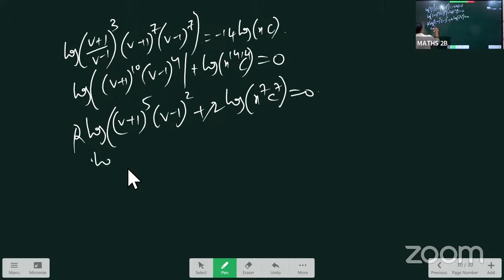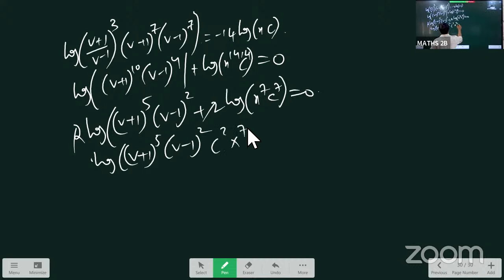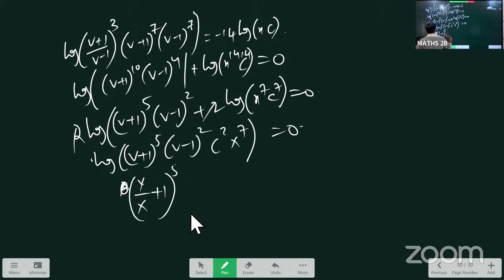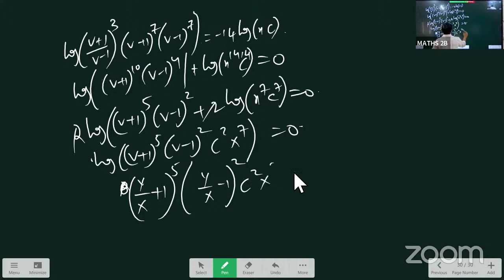And log of (V plus 1) whole power 5, (V minus 1) whole square, C square X power 7. Complete log, product, no? That is (Y by X plus 1) whole power 5, (Y by X minus 1) whole square, C square X power 7 equal to 0.